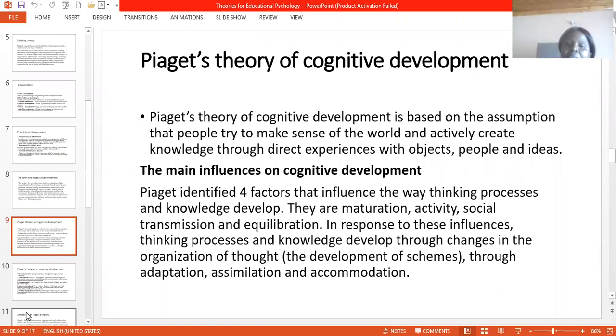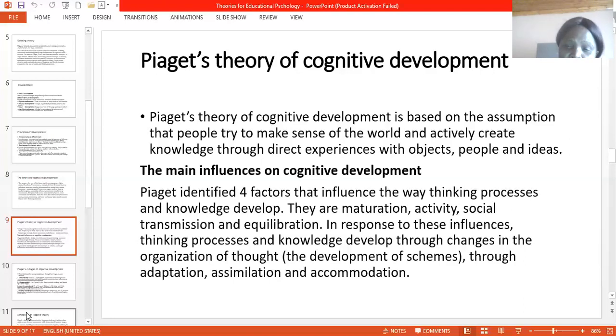Piaget identified 4 factors that influence the way thinking processes and knowledge develop. Those factors are maturation, activity, social transmission, and equilibration.